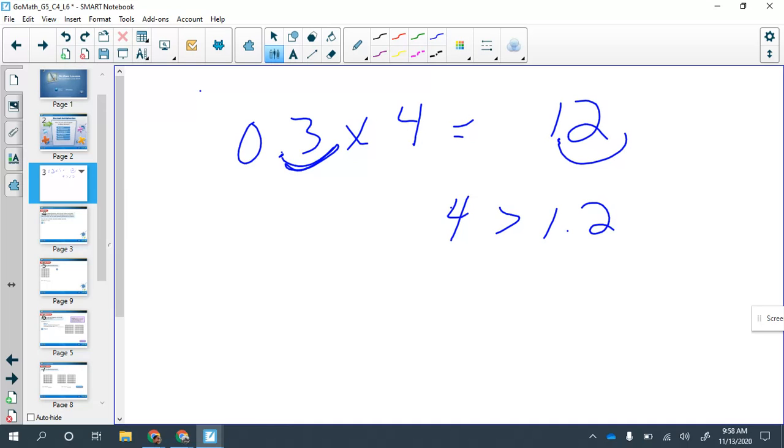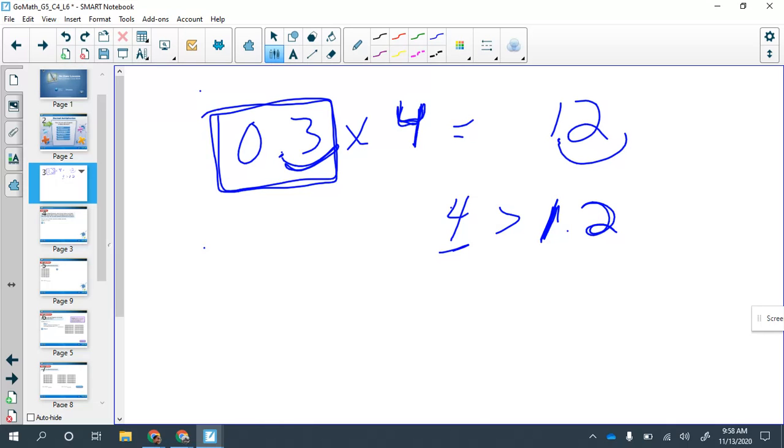The reason we end up with this is because we multiplied by 3/10. And when we multiplied by 3/10, we didn't get all of each of these fours. If we had 4 pies at home and we ate 3/10 of each pie, we wouldn't eat all of the pies, because we would only eat 3/10 of each one.